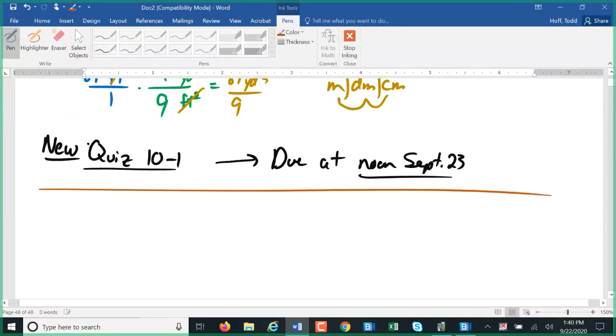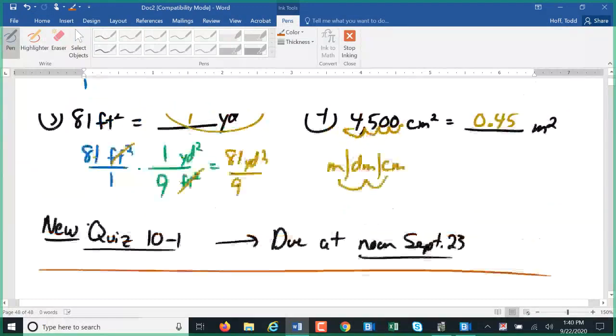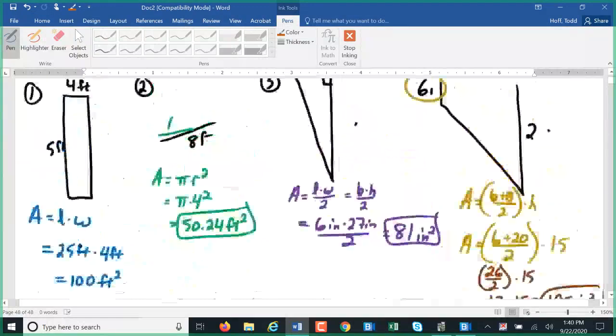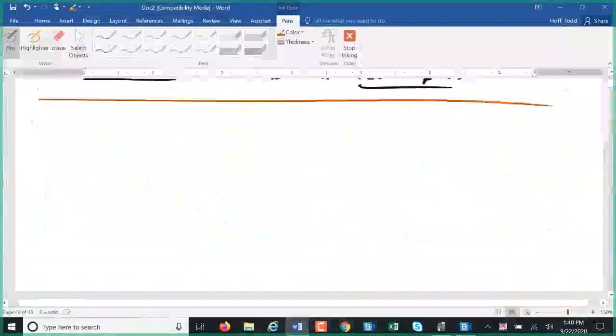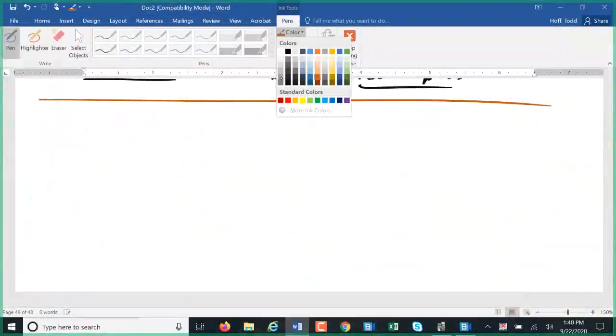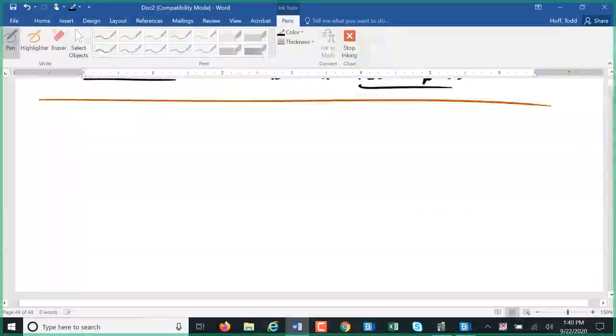Okay, so for today, I want to build on those first few problems we did, the areas, and what happens when it's not just a straightforward shape like a rectangle, triangle, trapezoid, or circle. Something like this would be about the simplest example we can run into.